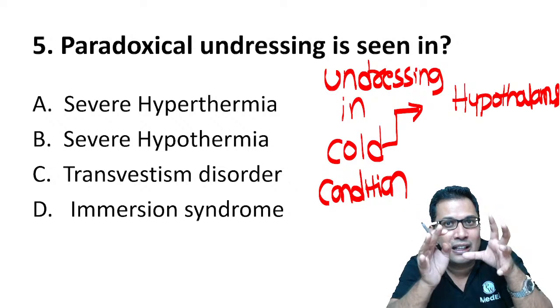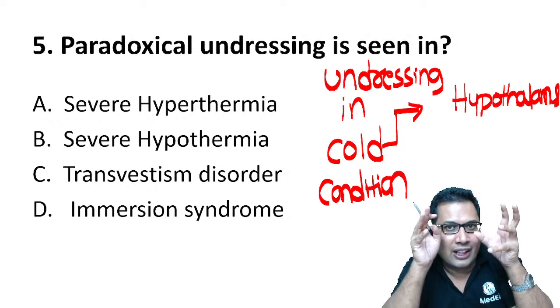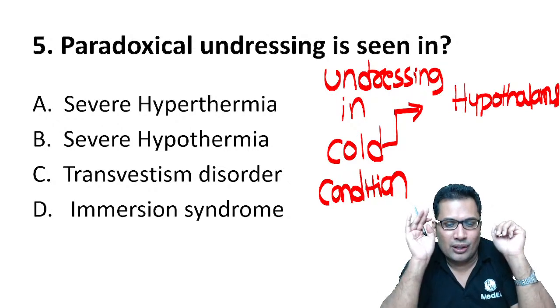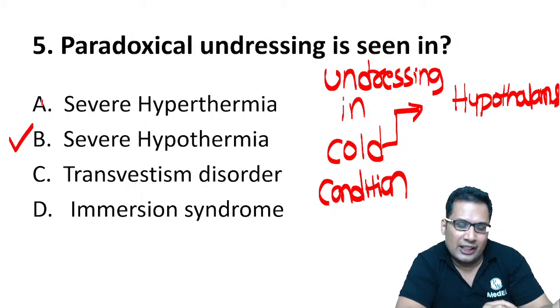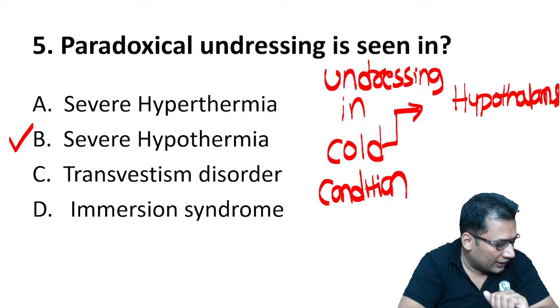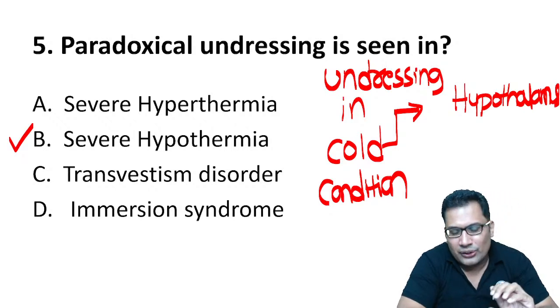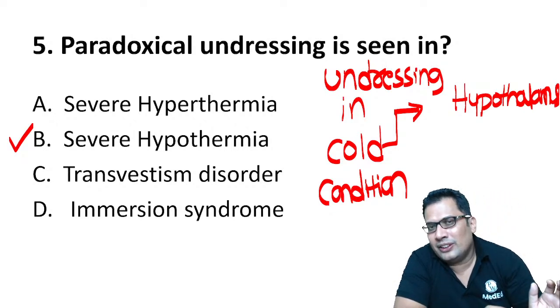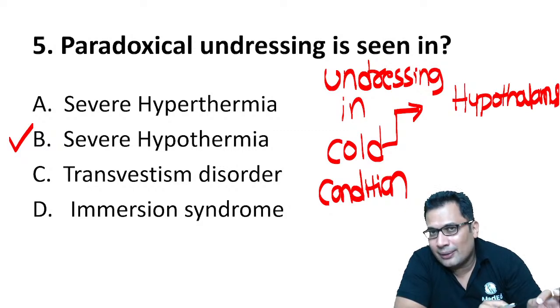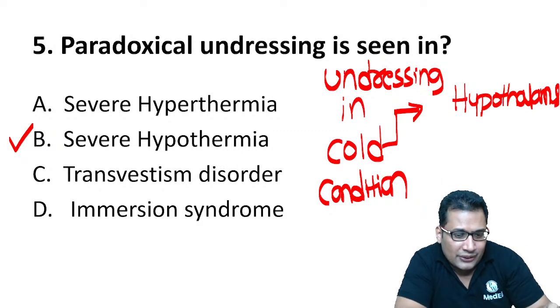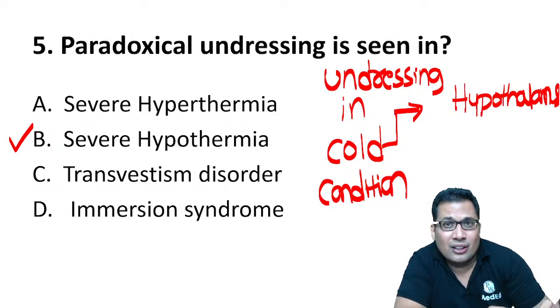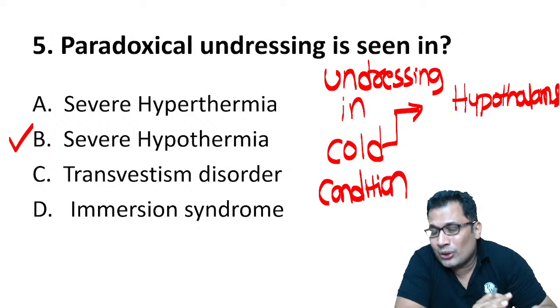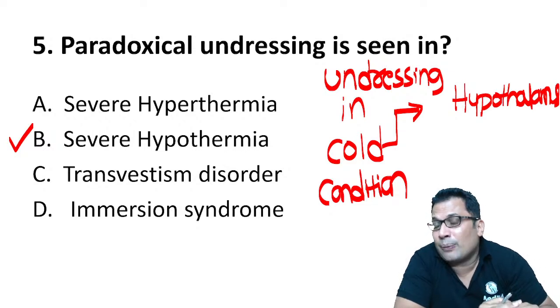The person feels very high heat even in cold condition. So this is actually severe hypothermia. B is the answer. So in severe hypothermia, because of the involvement of higher centers in the brain, especially the hypothalamus, the person feels hot. He might remove his clothes. That affects body homeostasis, so there will be death of the person.